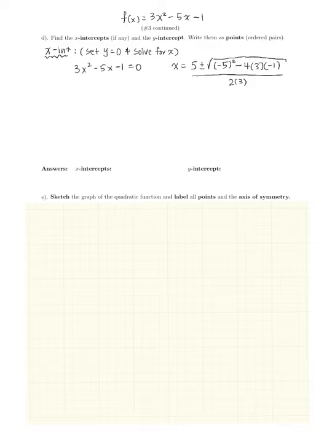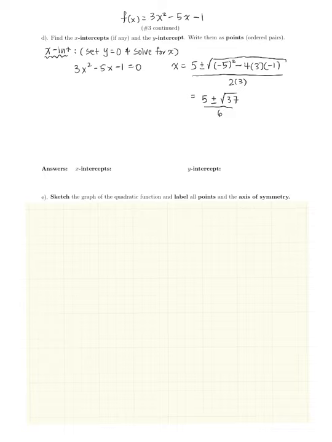So then what we're going to get is 5 plus or minus the square root of negative 5 squared, which is 25, and add 12, so 37, whole thing over 6. It's going to look ugly, but use your scientific calculator just to get an approximate value.